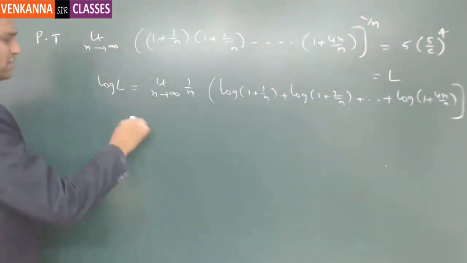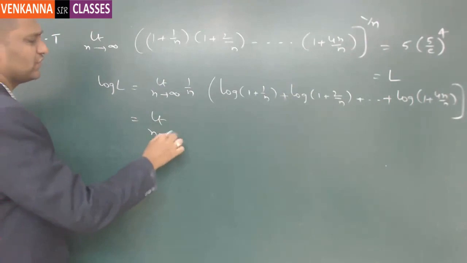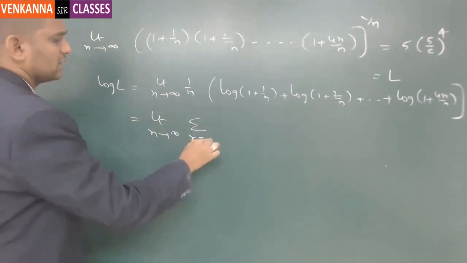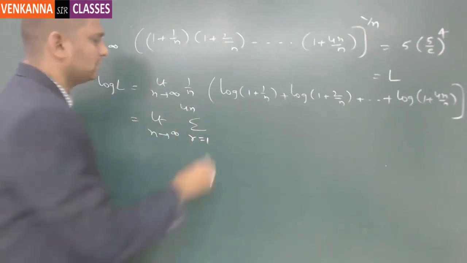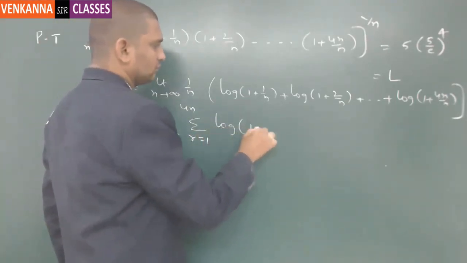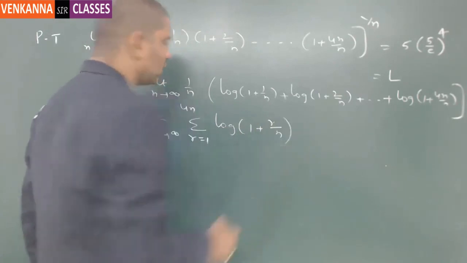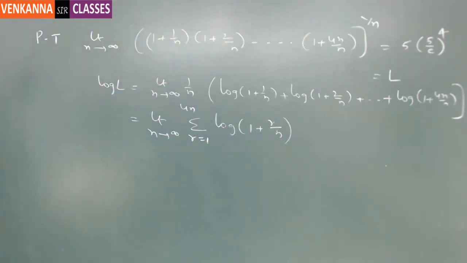So using the summation, it will be limit n tends to infinity, summation r is equal to 1 to 4n log of 1 plus r by n. Please check.